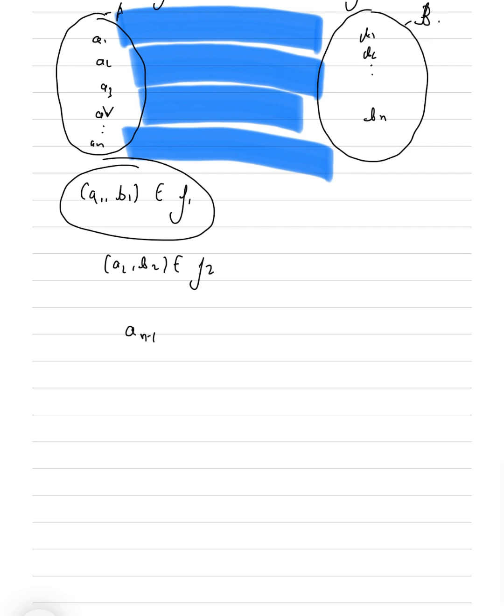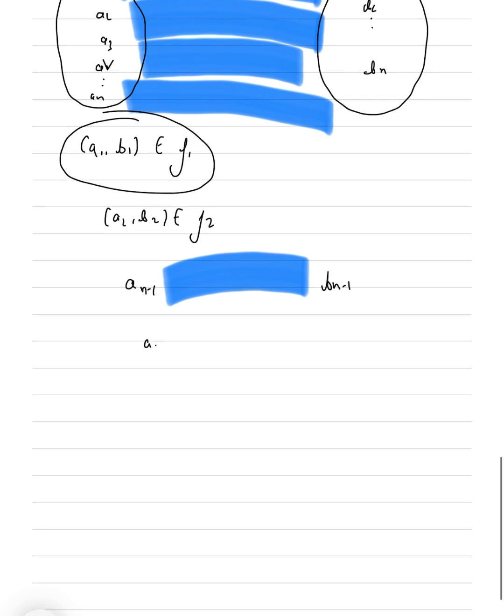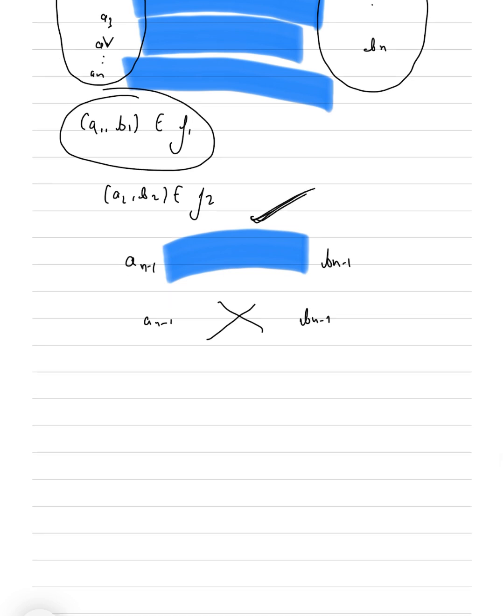Then I must have a blue map which must map it to the element Bn minus 1. If I don't have this map, that is, if it is empty, then it is not a function. The map must also exist there.